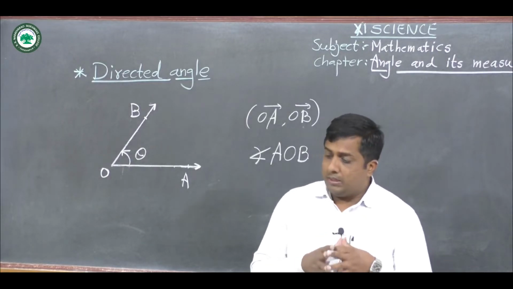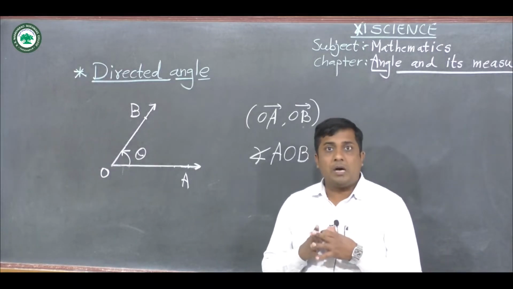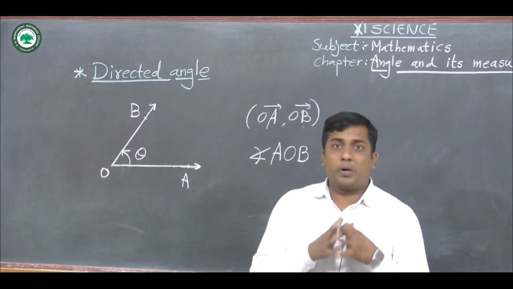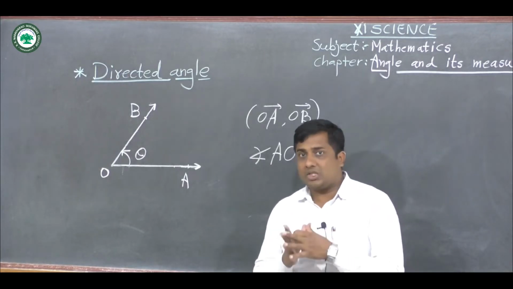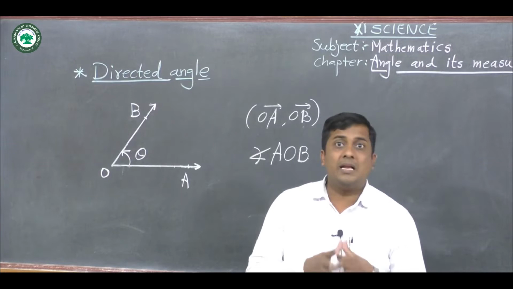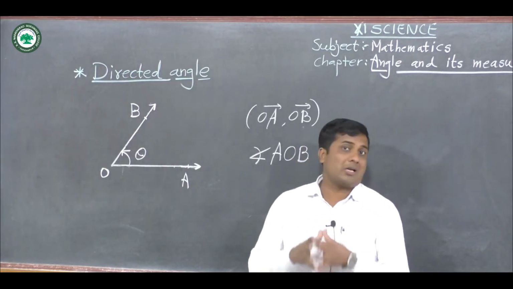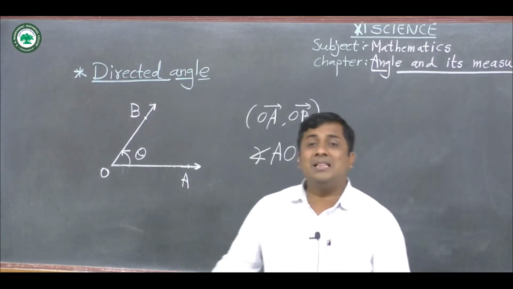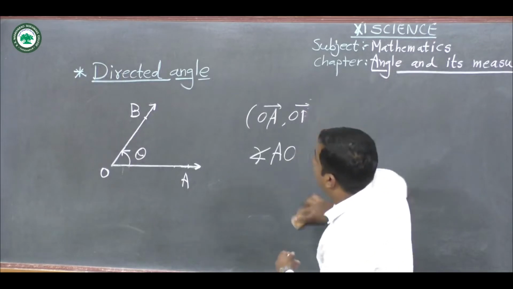Now in the next point, we compare our rotation. If rotation is clockwise or anti-clockwise, are the angles the same or not? To define this, we consider one more figure.